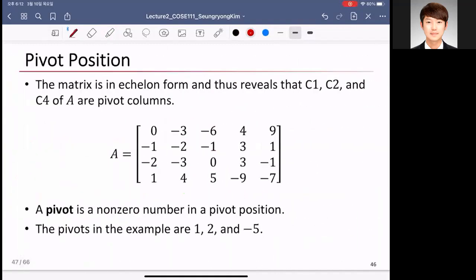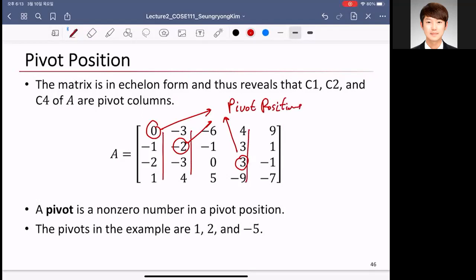So in the original matrix, this location and this location are called pivot positions, and row 1, column 1, column 2, and column 3 are called pivot columns. Okay, so this is the definition of the pivot position and pivot columns. Okay.